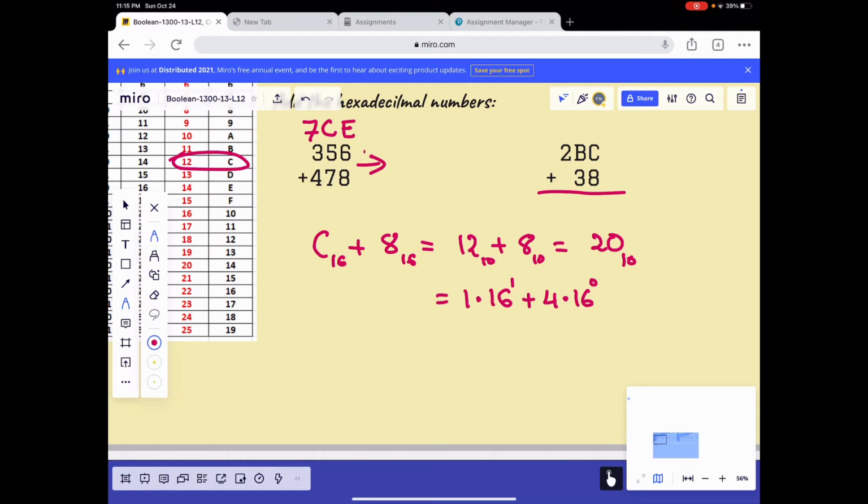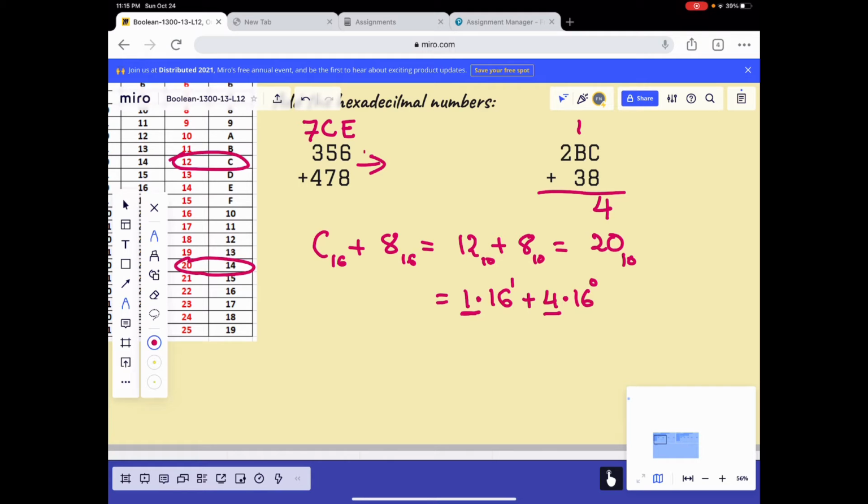So the answer is 1, 4. Convert 20 back to hexa is 1, 4. All right, so 20, as you can see here, equals 14 hexa. So 14, I write out 4, and I carry 1 over here.